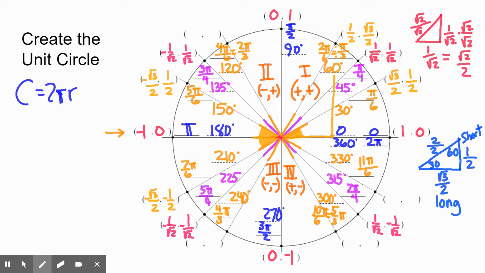And completing this little exercise, we'll go over here and look at the last of the 30, 60, 90s, where there's a 30-degree interior angle at the center. We'll notice the long x is positive, so that's square root of 3 over 2, and the y is negative, so that's negative 1/2.